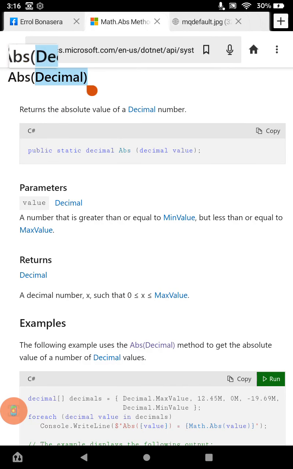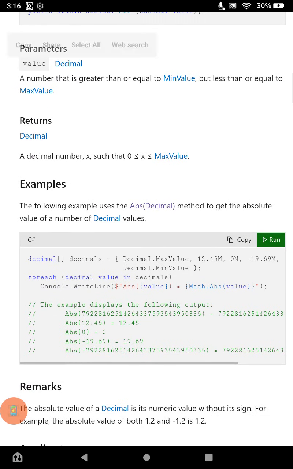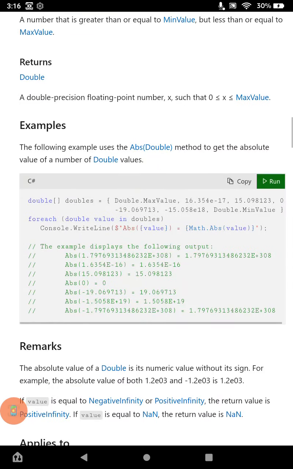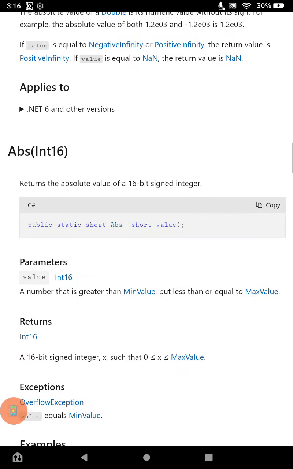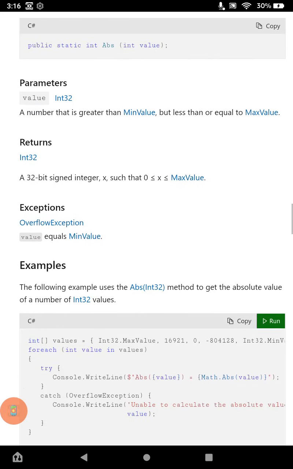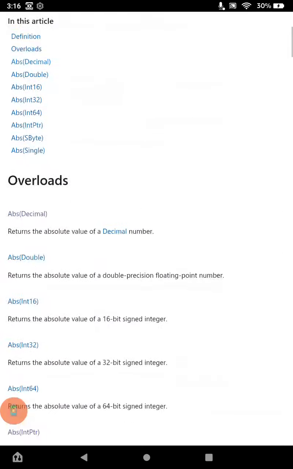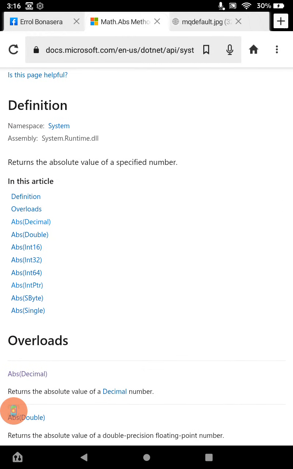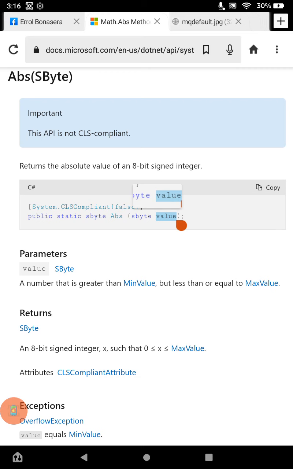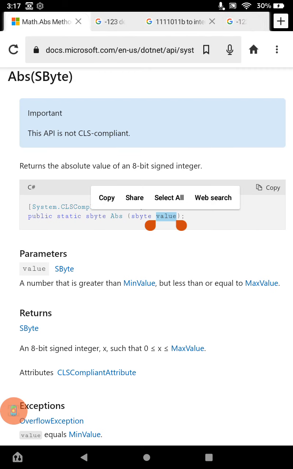Math.abs does accept negative values by default, based on, where is it? Here. The sbyte, I should say. If negative 53 was put into here, it would automatically convert it.